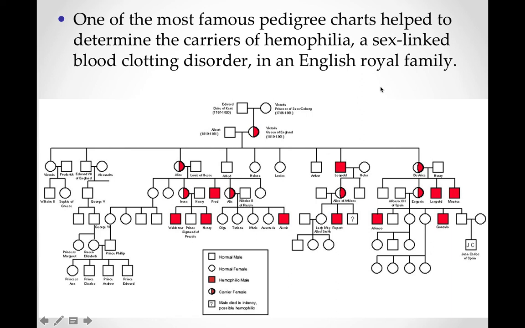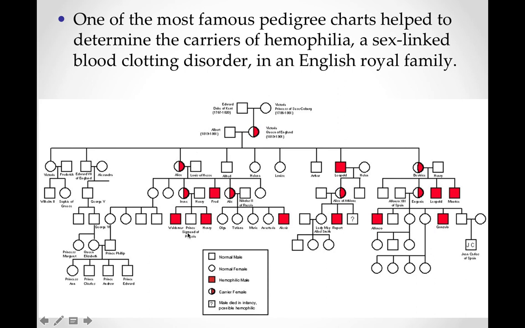As you look through all of these, you can have carrier females. Hemophilia is carried by females and manifests itself in the males. We were looking at just this section of it earlier, but you can see how it goes through here.